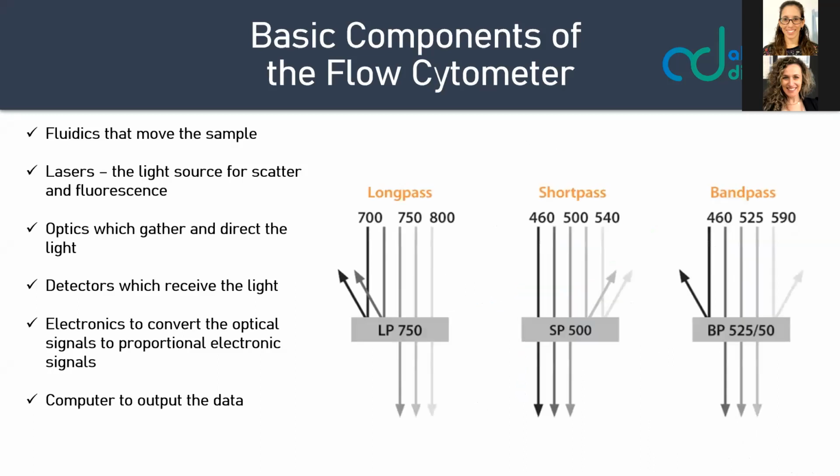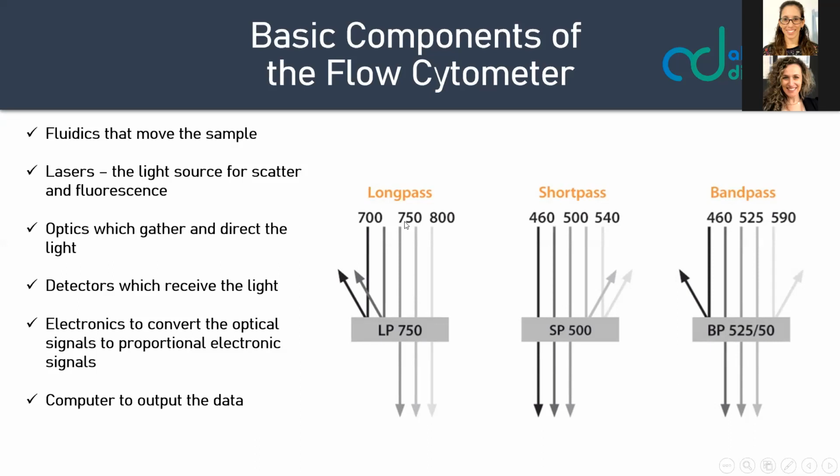Before we move on, I would like to explain about the filters. It is very important to understand the filter configuration when you build your antibody panel for flow. There are mainly three types of filters: long pass filters, short pass filters, and band pass filters. The long pass filter here in this example is long pass 750.